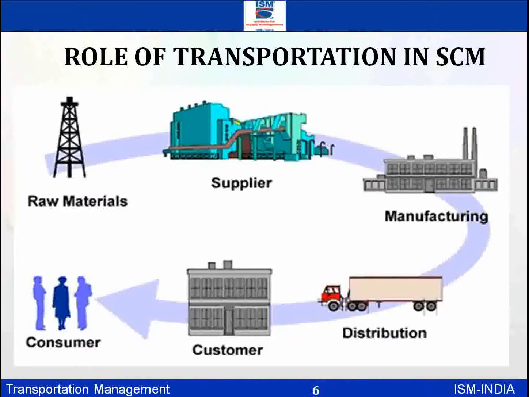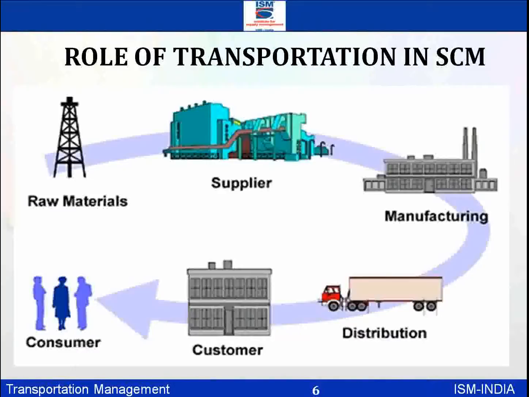Look at this supply chain now. Starting from the place where we get the raw materials. The raw material is moved to the supplier, and the supplier could be a tier 1, tier 2, or tier 3 supplier, and then from there it goes to manufacturing. Then to distribution, to customers, which could be retailers, and then to the consumer. This is a very simplified version.